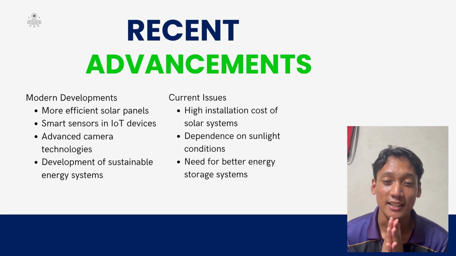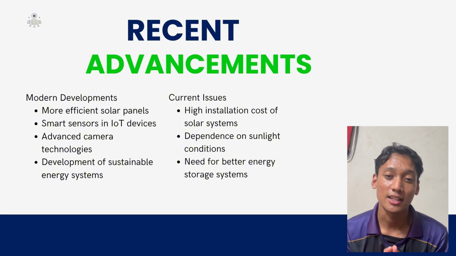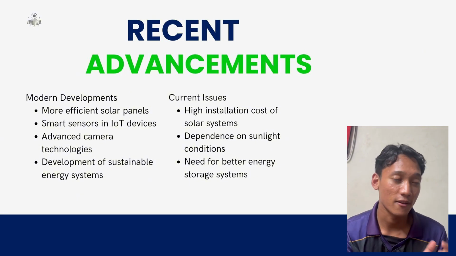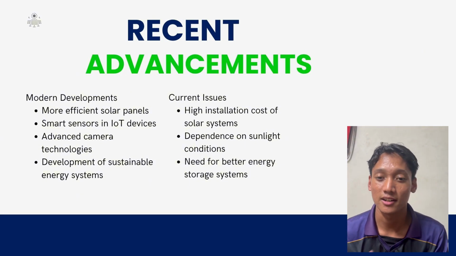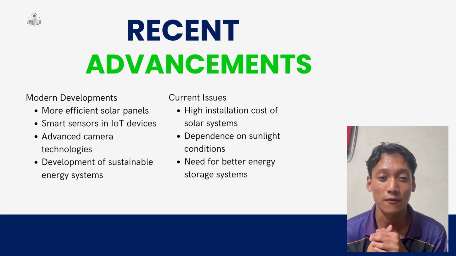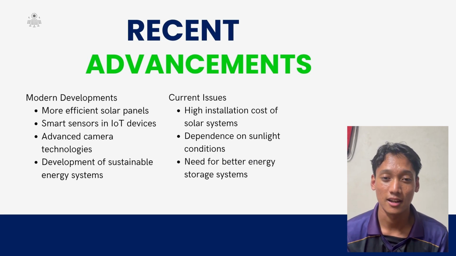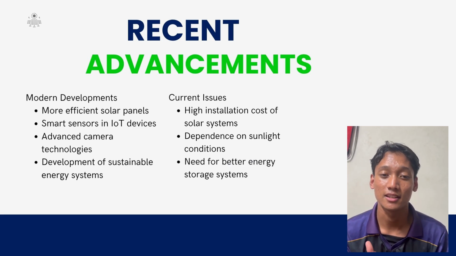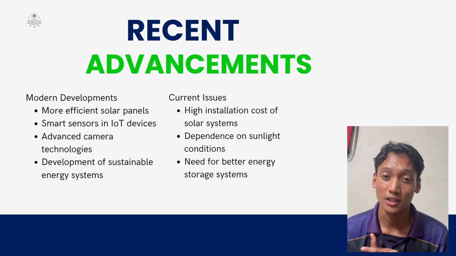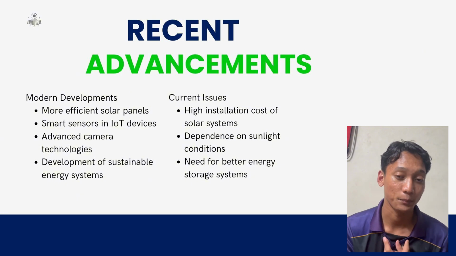Next I'm going to tell you about the recent advancements. There are two: modern developments and current issues. The first is modern developments: more efficient solar panels, smart sensors in IoT devices, advanced camera technologies, and lastly development of sustainable energy systems.